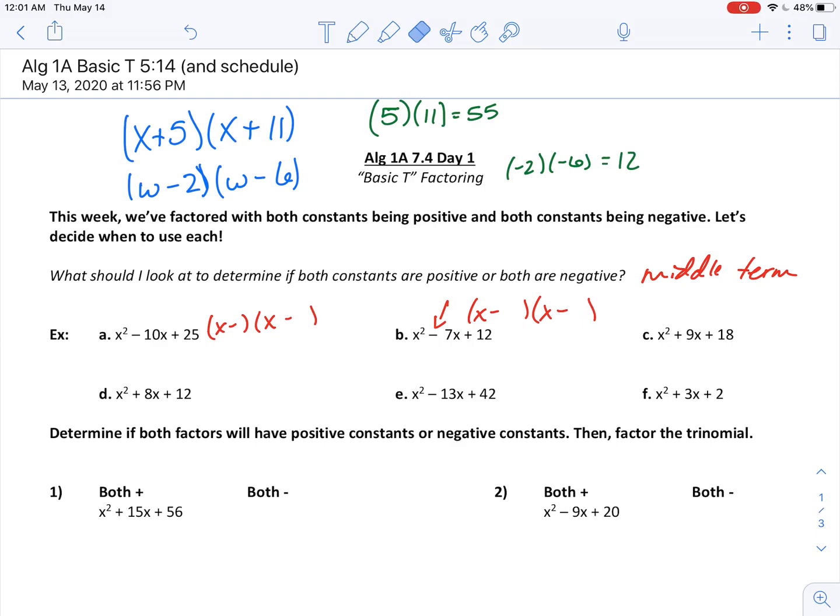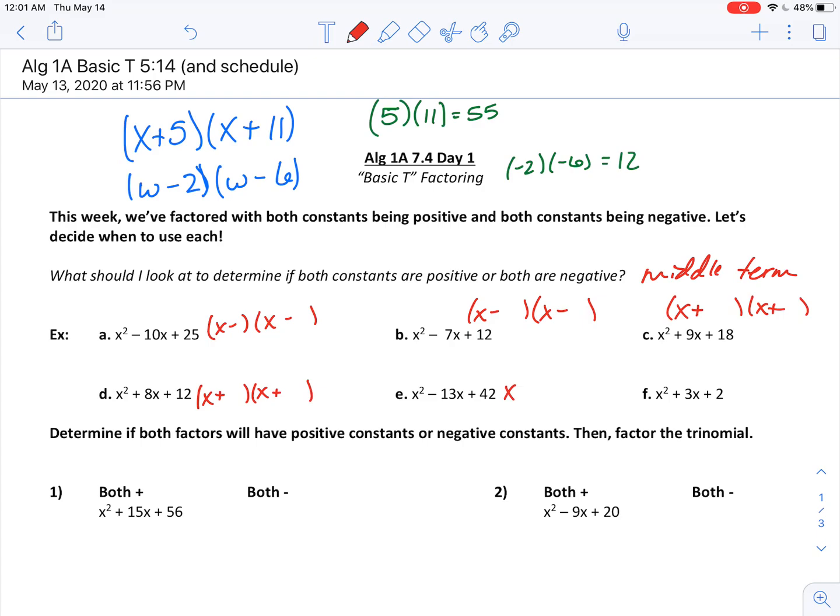C, I've got a positive 9x, so I'm adding 9x, so I'll take x plus something and x plus something. Same thing for D. I've got that plus sign in the middle, so this would be x plus something and x plus something else.